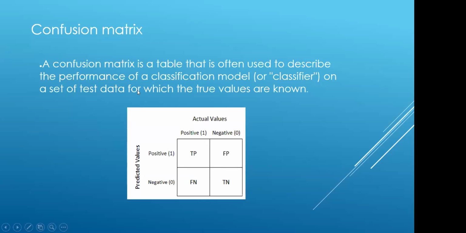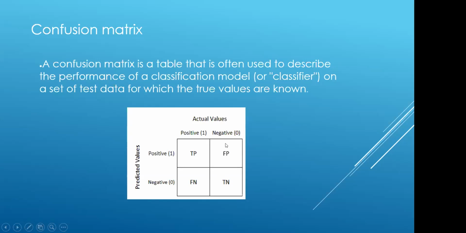It takes two parameters: the actual and the predicted values. Using those, it will give you this matrix: true positive, false positive, false negative, true negative. What does that mean? True positive is when the actual is true and it is predicted true, that is 1 and predicted also 1.